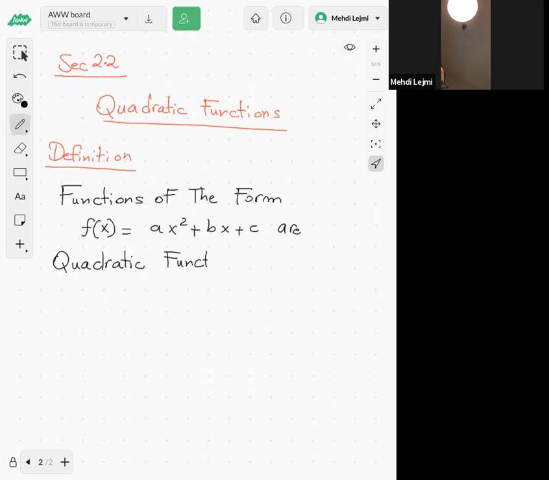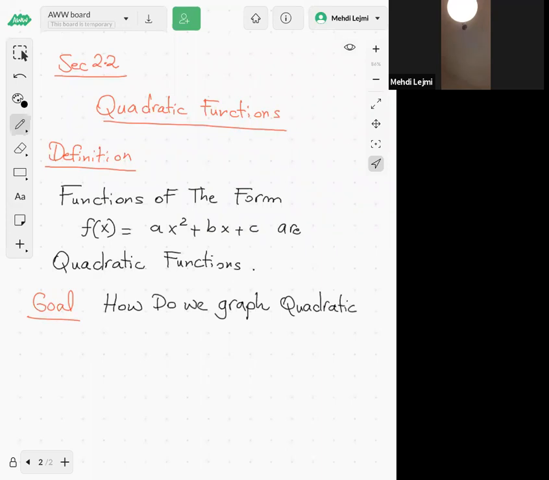And the goal of this section is to learn how to graph quadratic functions.